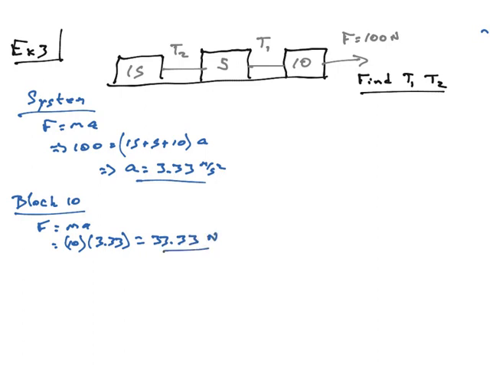That's how much force he's going to require. What was he given? Well, I pulled on him with a total force of 100, so he was given 100. He uses 33.33 of it, so what's left over is 66.67. So, tension 1 must be 66.67.